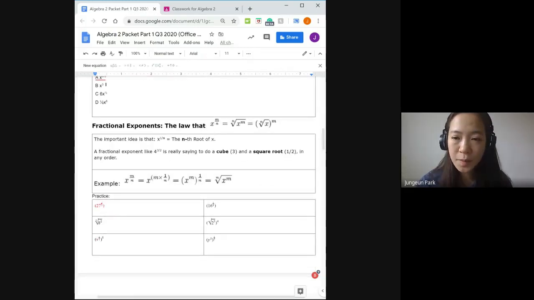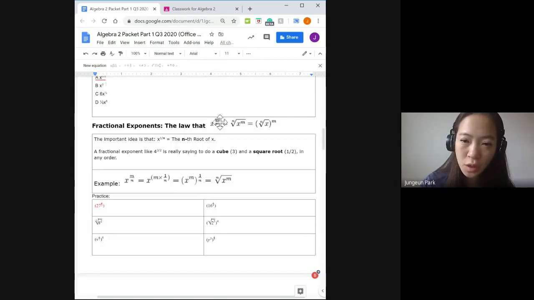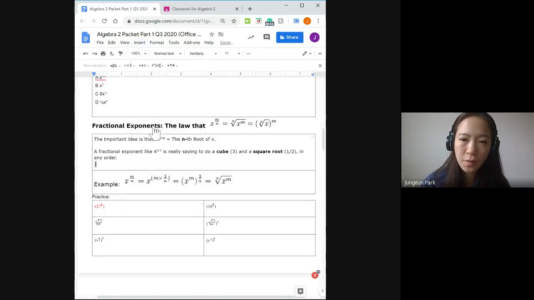And the fractional exponent: when you've got a cube root or square root, it will change into a fractional exponent. It will turn it into a fraction. So for example, if you've got the square root of x, then this can be changed into x to the power.